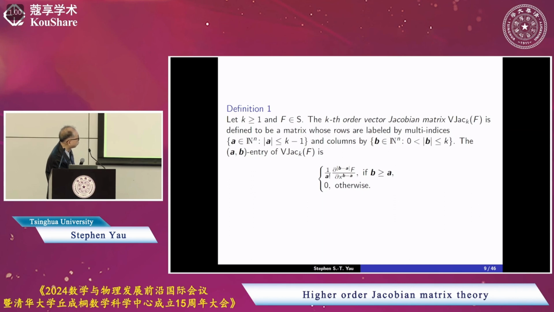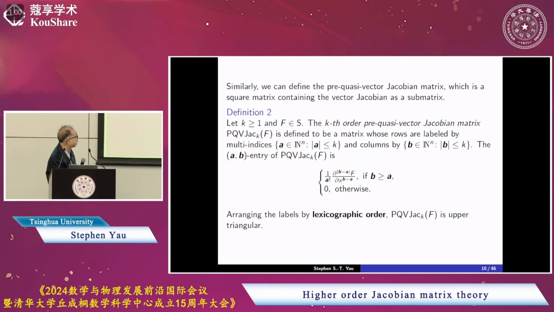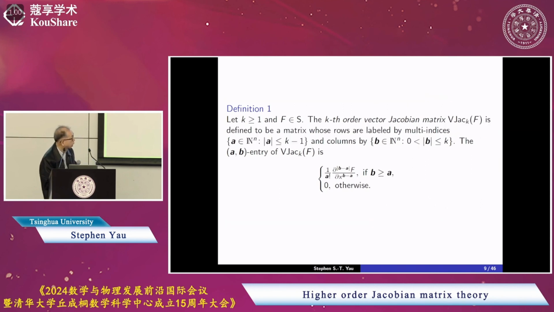For B, you have a natural order here, and it's 0 otherwise. So that's the matrix. I should point out that this one is not a square matrix. This is not a square matrix.